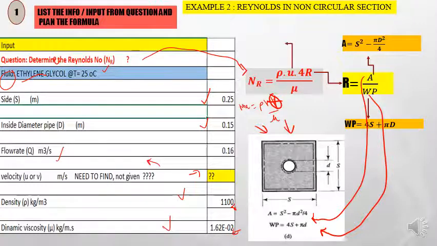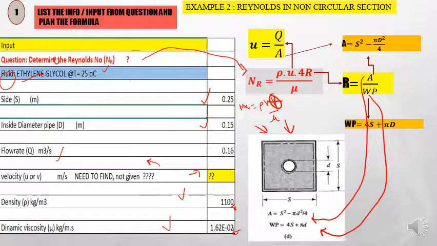U is the velocity. As I mentioned just now, we don't have information about the velocity, but we do have the flow rate. The flow rate can be used to calculate the velocity, using Q divided by A, and again you use the same A that you used to calculate the hydraulic radius.